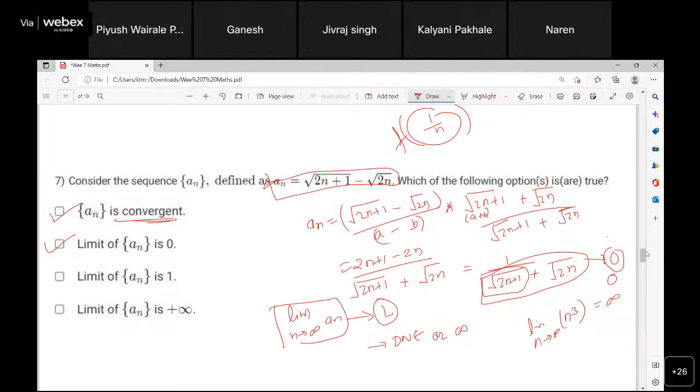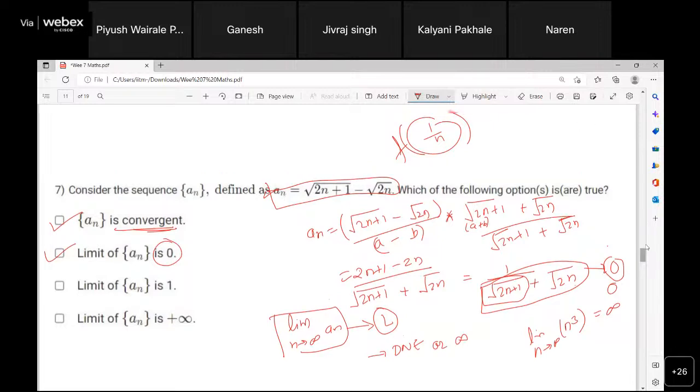So it is divergent. It will not converge to any particular value. If I'm getting any particular value after finding the limit, then we can say the sequence is convergent and the limit of this particular an is that particular number. In this case, that is 0, right?